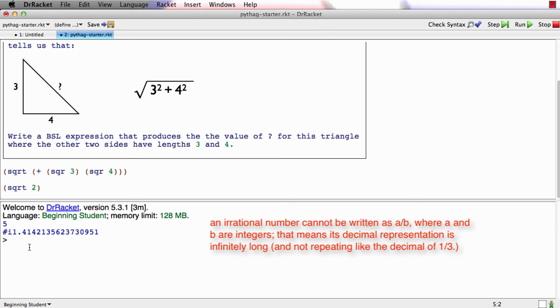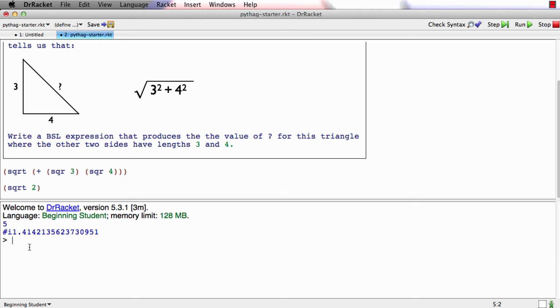Well, computers are not infinite in size, they're quite finite in size, so it has no way of representing a number that takes infinite space to write it down. So what this means, this sharp sign I in a number, means it's an inexact number. It's telling you that the number is pretty close to this number here, but not exactly. And you may see numbers like that crop up. Don't worry about it. It'll usually come up in some kinds of graphics programs, and you won't be able to see the difference between the two numbers anyways.